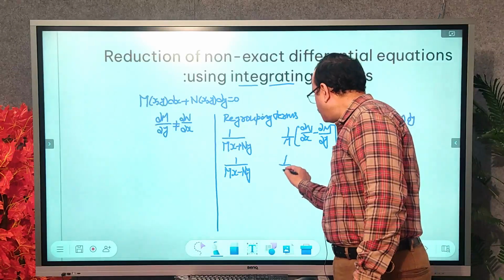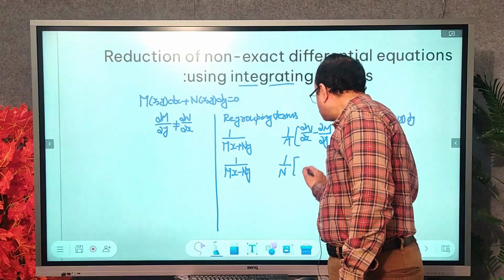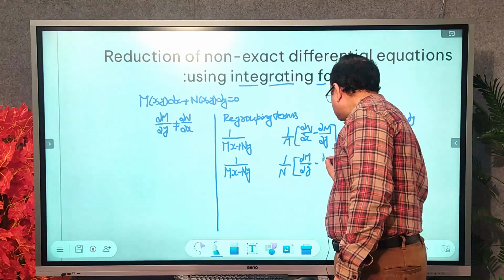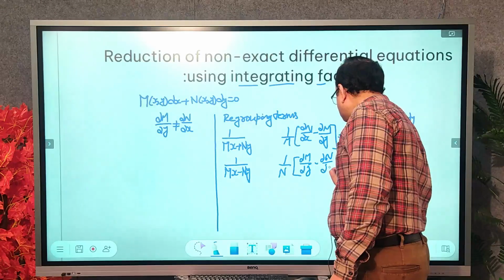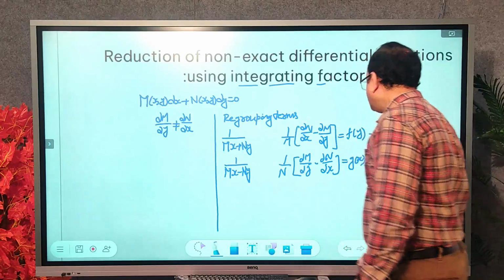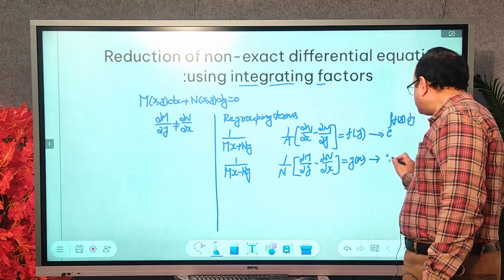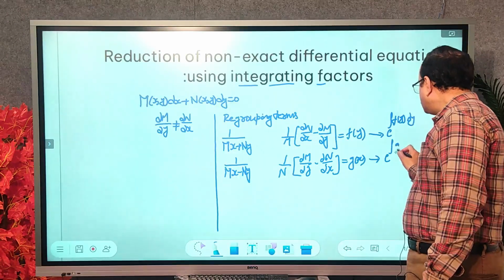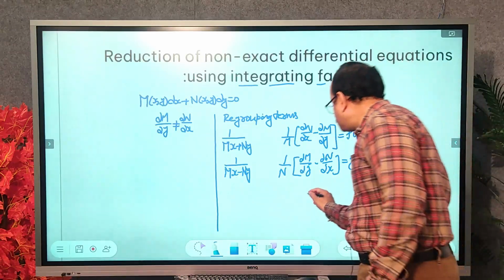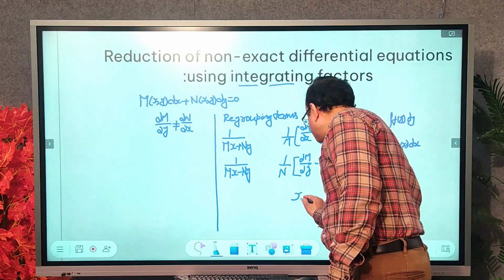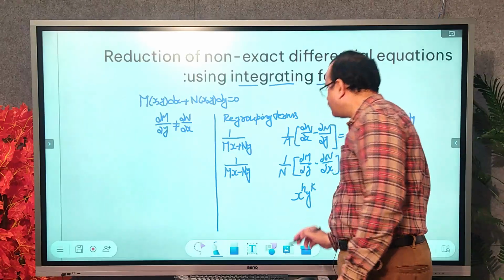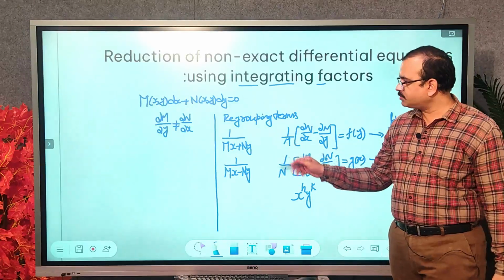Suppose 1 by N into (∂M/∂y minus ∂N/∂x) is a function of x alone, then the integrating factor is of the form e power integral g of x dx. Or similarly one more choice is x power h into y power k. So these are the different forms of the integrating factor.